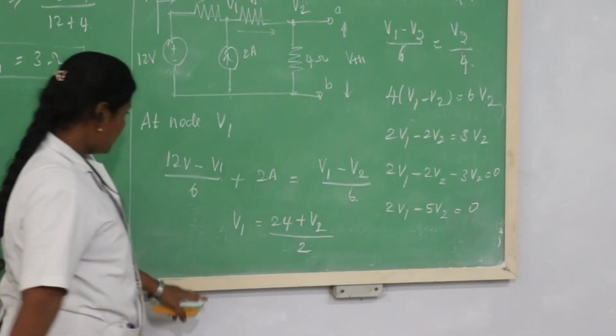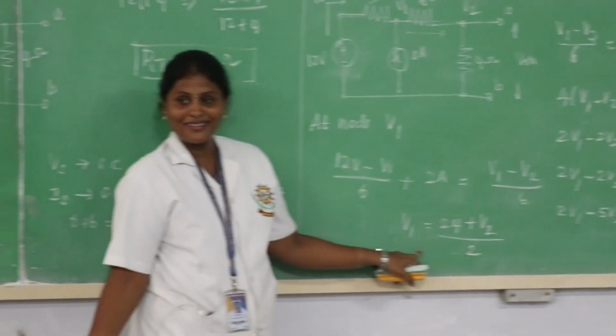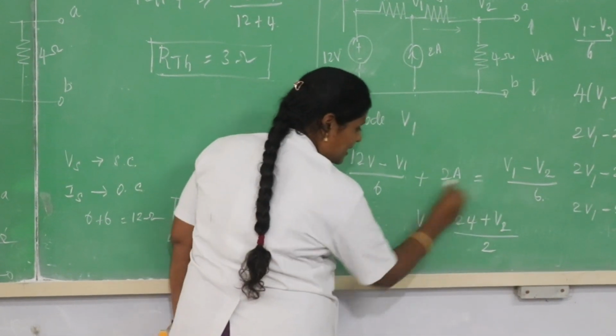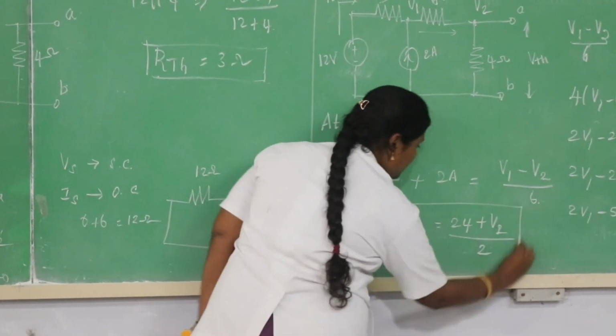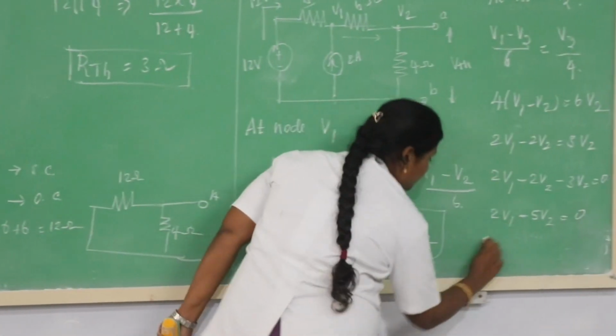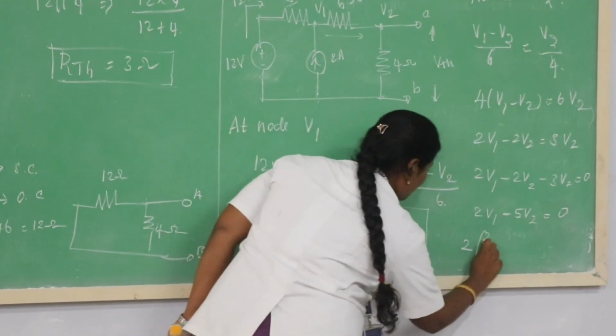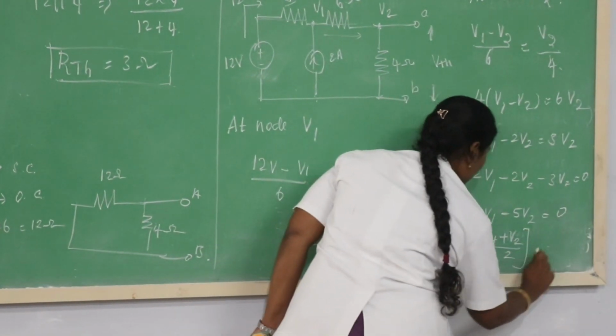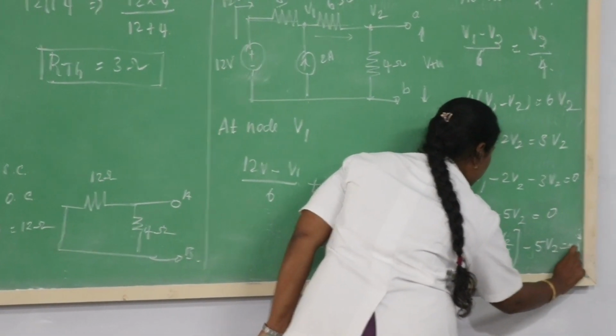Already we simplified the equation: V1 is equal to 24 plus V2 divided by 2. So, substituting here, 2 into 24 plus V2 divided by 2 minus 5 V2 is equal to 0.